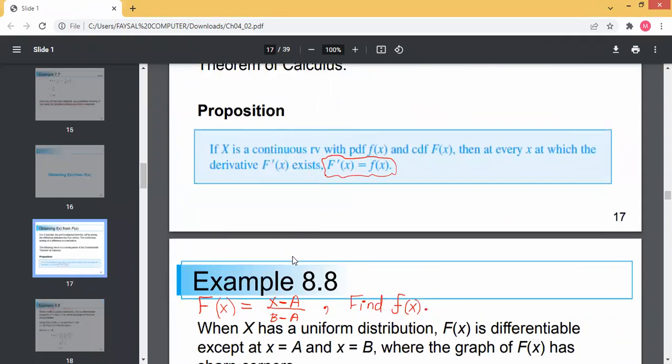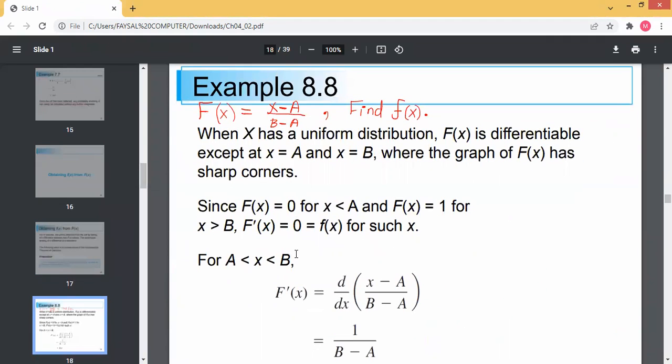Moving towards the next one. It says that when x has a uniform distribution, f of x is differentiable except at x equals a and x equals b, where the graph of f of x has a sharp corner.